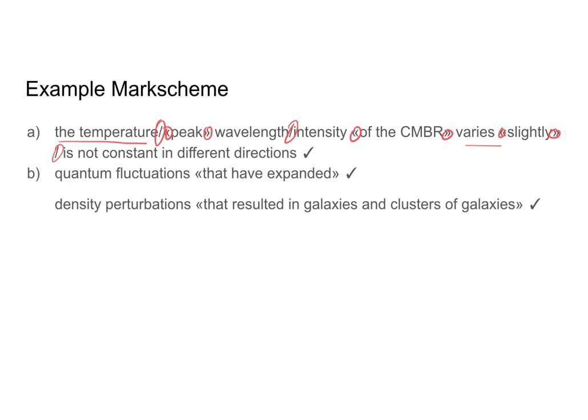If you added more details, like mentioning the CMB or mentioning that it's a very slight variation, that's great, but you actually didn't need to say that. So just a fun thing to know with these state questions: often you can answer them in 5 words or fewer. So that's part A. For part B, you hopefully went back to your notes from an earlier slide and just copied down the answer, right? Quantum fluctuations or density perturbations. That is it. You should have both of those things to get 2 out of 2 marks.